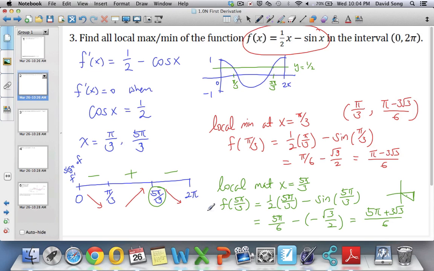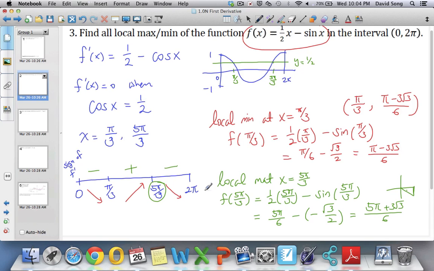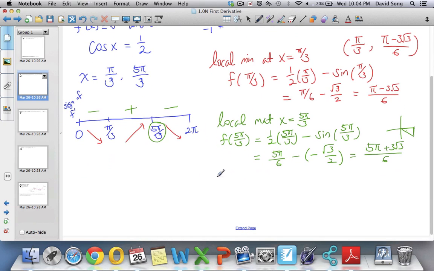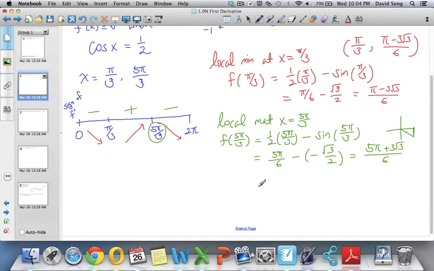And that way, the local max is 5 pi over 3, comma, 5 pi plus 3 square root of 3 over 6. The maximum value is the y value of the function, and it happens at 5 pi over 3. But you can always write the coordinate just to make sure that you answered it correctly.